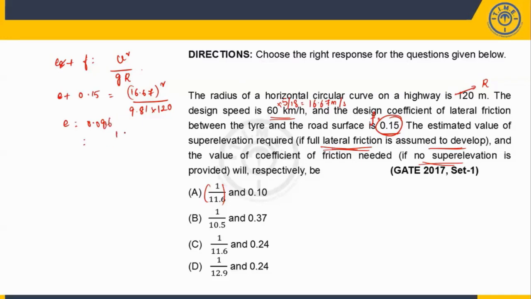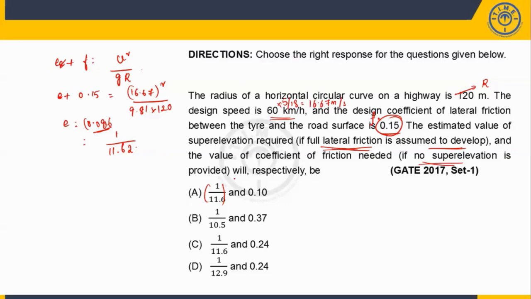Can I write it as 1 by 11.62? Take 0.086 to the power of minus 1, inverse it, and you get 11.62.